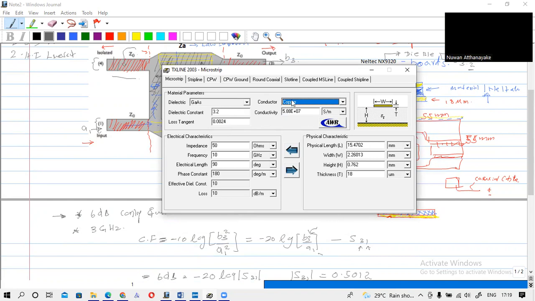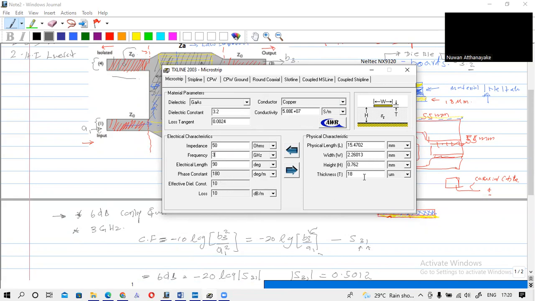If you are using copper or silver, it will not impact the width or height much. Impedance is very important, so it will be 50 ohm. I also put the frequency here, 3 gigahertz. Other things need no change.